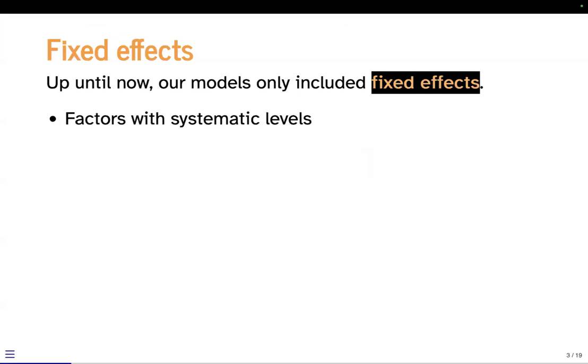Most of the time, your treatment design, regardless of your area, is going to be a fixed effect. There are some cases where it's not, perhaps if you're working with breeding trials or some other types of trials where you're really interested in the variability and not just the mean. But for the most part, we're interested in the mean, and therefore we treat our explanatory variables as fixed effects.